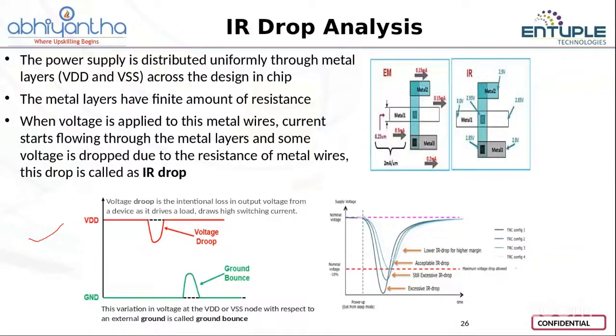Whatever we have analyzed here is a voltage drop, or we can say this IR drop will be there. In most cases, the voltage drop will last for a very small fraction of a second, so the signal will get recovered very fast.